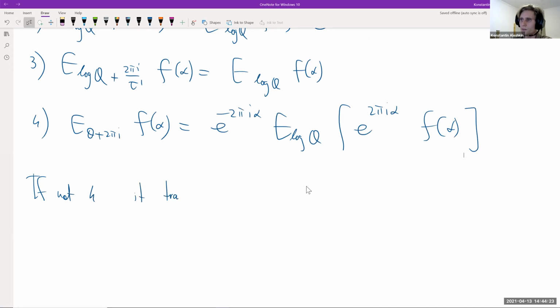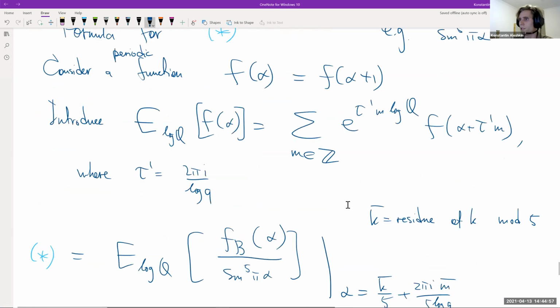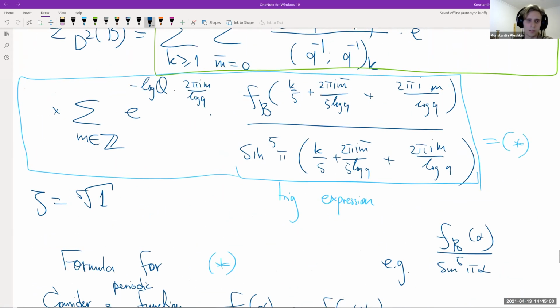It transforms like the exponential of minus log q alpha times a section of the Poincare line bundle. Yeah, and finally, I can write the expression for this sum explicitly in terms of some elliptic functions.